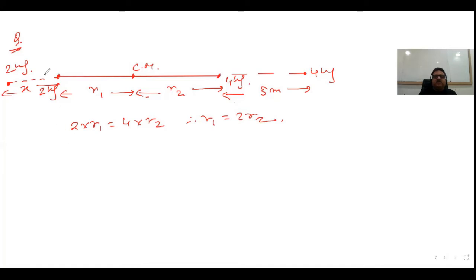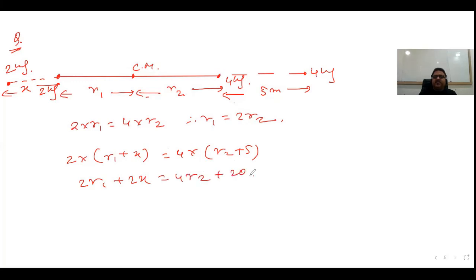Correct? Now, in this situation, if the center of mass remains at its own position, what can we write? 2 into (R1 plus x) is equal to, look at this carefully, 4 into (R2 plus 5). Correct? Now look at this, 2R1 plus 2x equal to 4R2 plus 20.